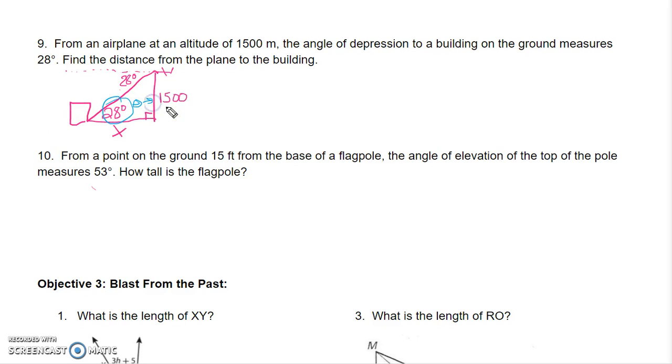which makes 1,500 our opposite side, and it makes x our adjacent side. So again, if I write SOHCAHTOA to help me remember which trig function to use, I need opposite and adjacent. Opposite and adjacent is the tangent function.